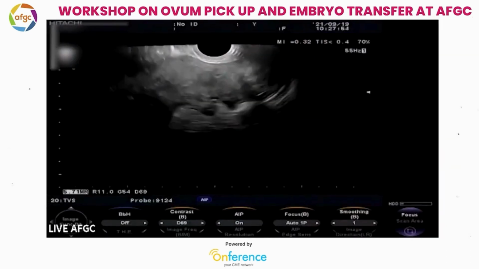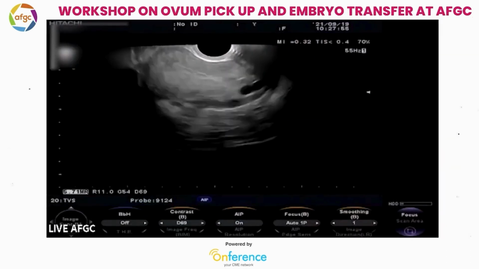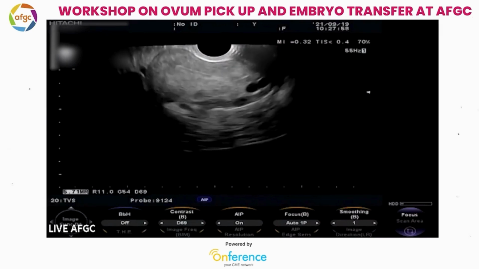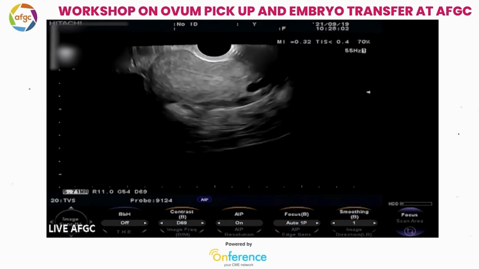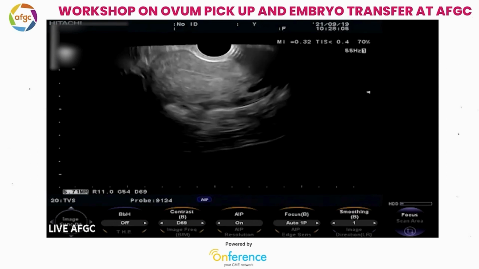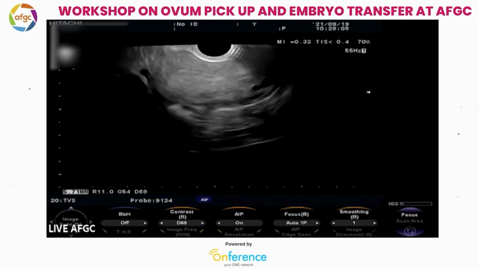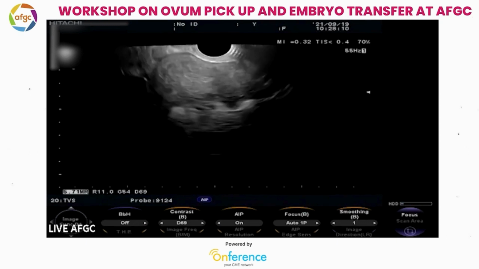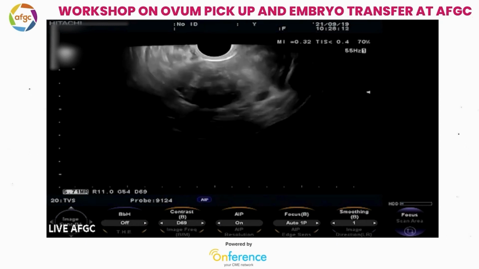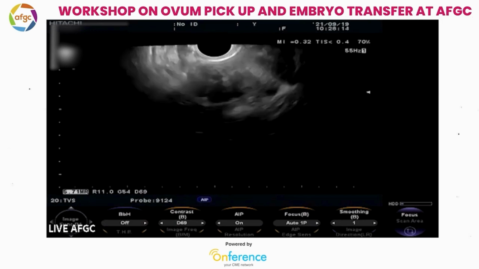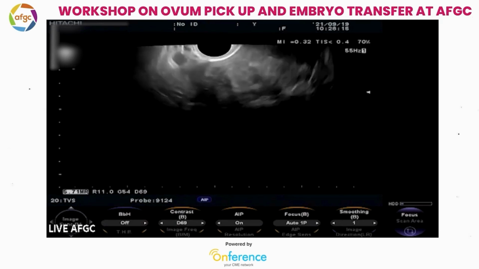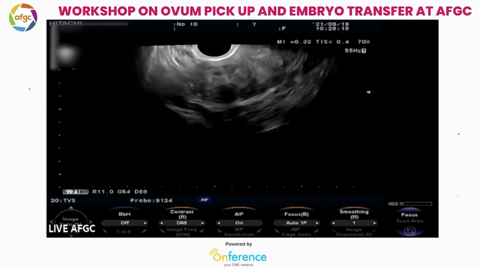See, this is your sagittal view, and in this I cannot see much. The things in the lower half are basically probably some vessels. And this is my adnexa.